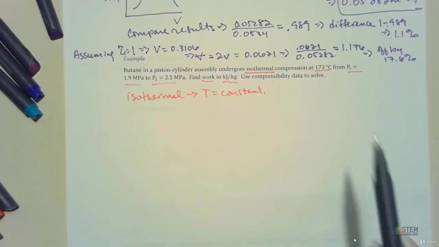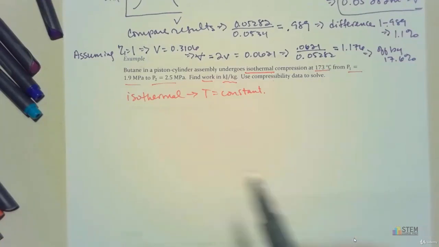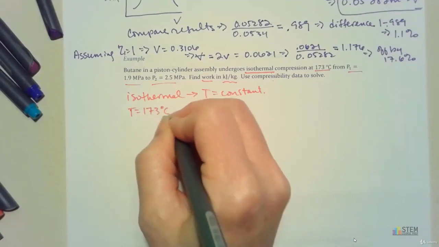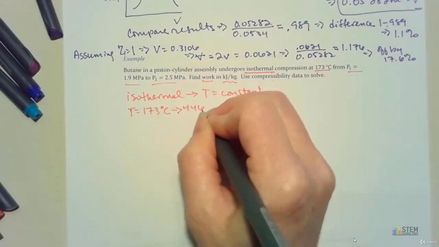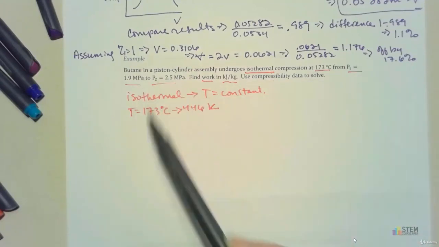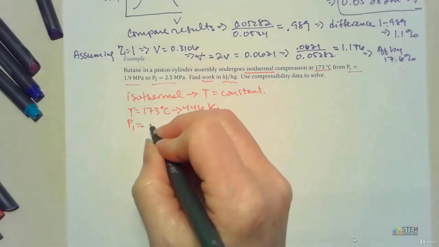Now, next thing we want to do, we've got this temperature in Celsius. We can't use Celsius in any of our equations. We need to convert that. So let's go ahead and convert that over. That gives you 446 Kelvin. And let's go ahead and get rid of these megapascals. That's not typically what we want. We usually want to use bar in the equation. That tends to be a little easier.